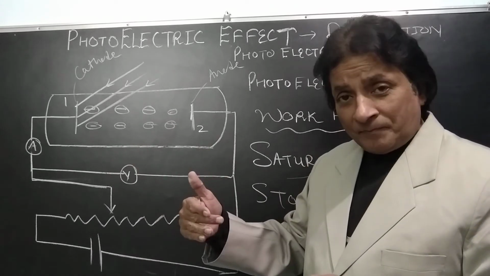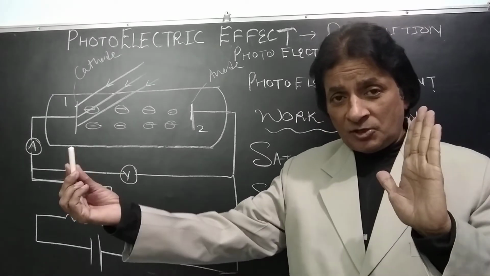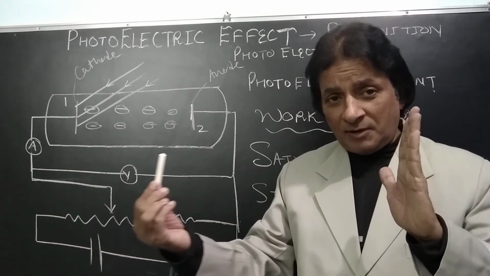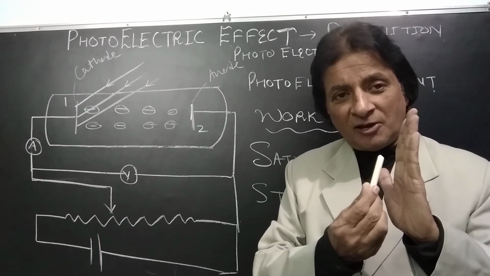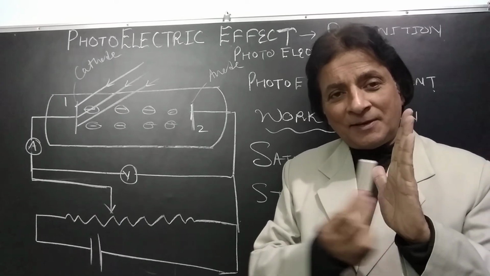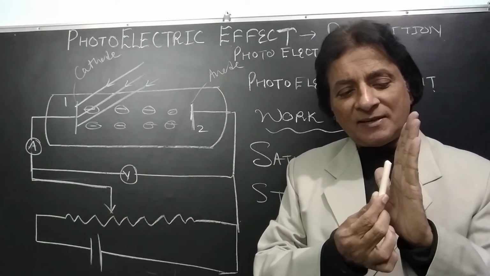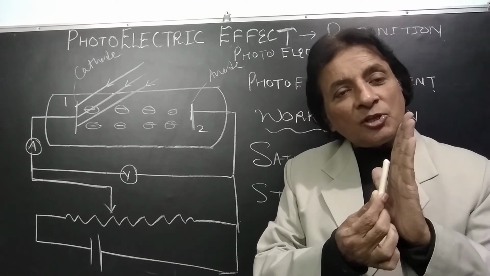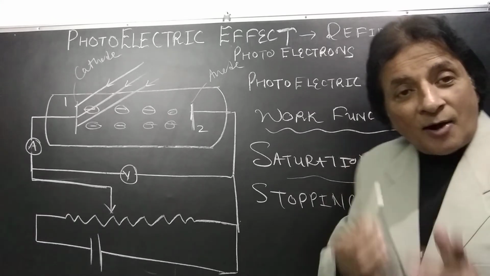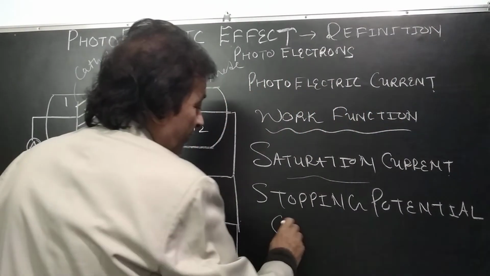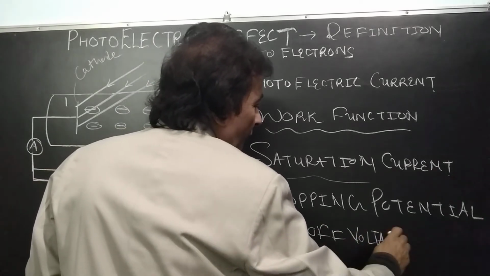Anode is made slightly negative. Say this is the anode, this is the electron. It's coming, and it's not reaching here. Neither is it repelled back, but it's coming from the cathode and reaching just here. This potential is called stopping potential. This is the voltage that is known as cutoff voltage.